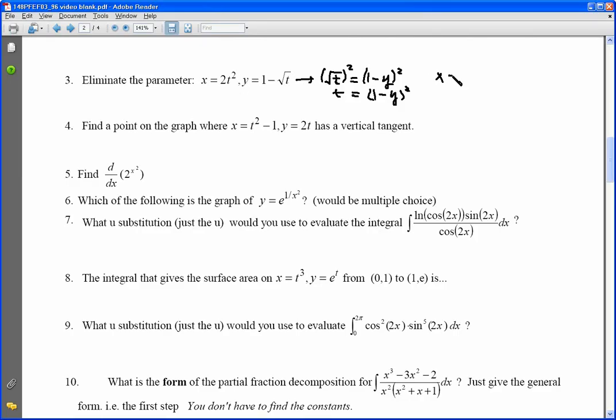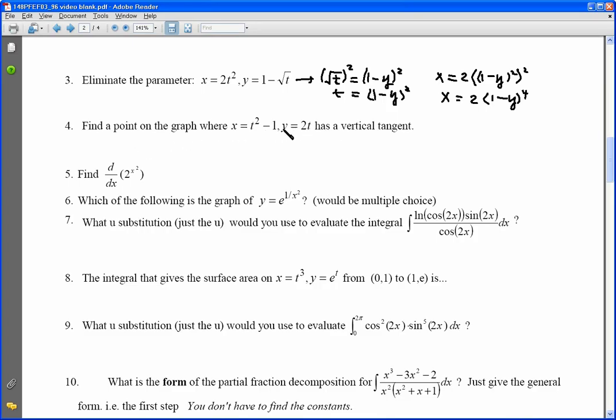So our x is going to equal 2t squared, 2 times t squared, and our t is 1 minus y squared, and then that gets squared. So x is going to equal 2 times 1 minus y to the 4th power. Now this is x in terms of y, but that's okay, we've still eliminated the parameter.